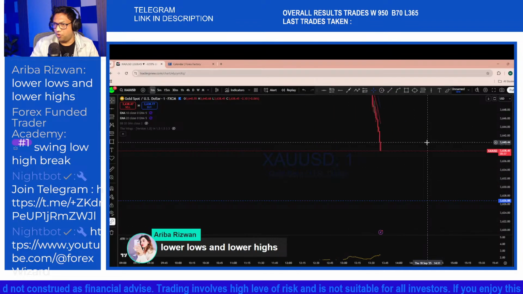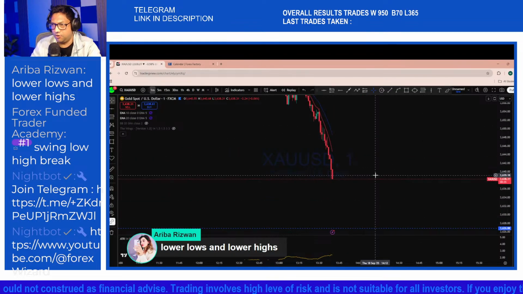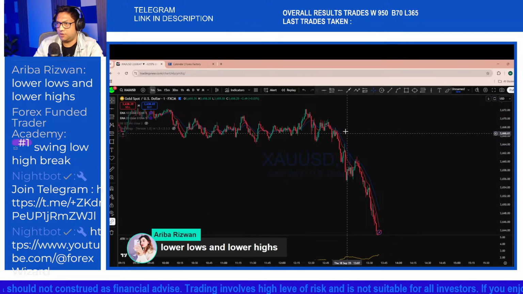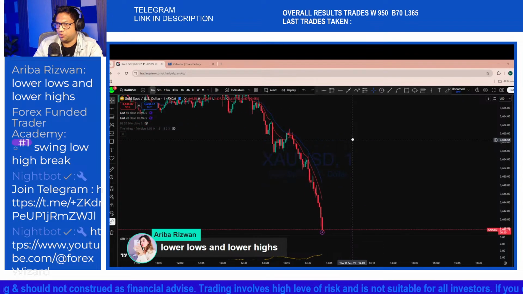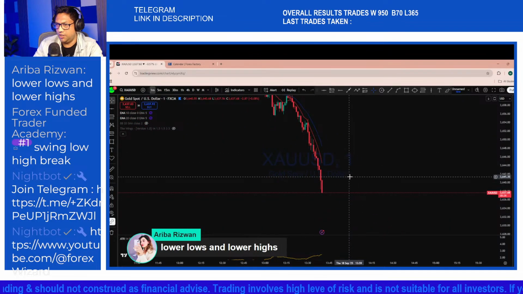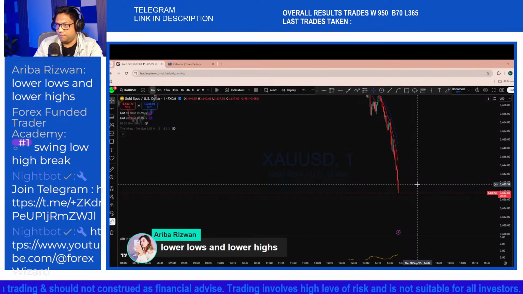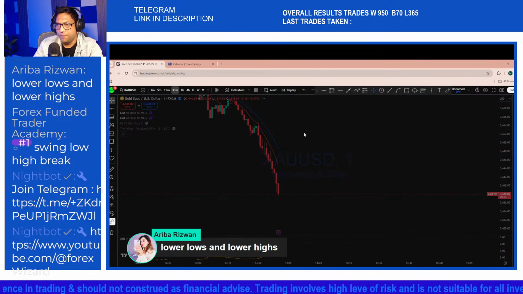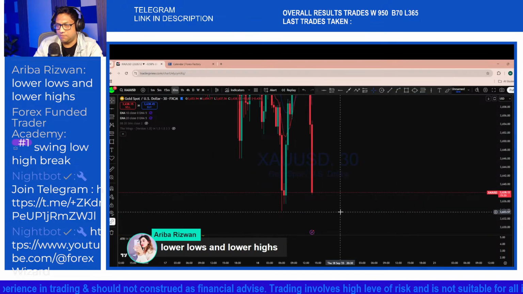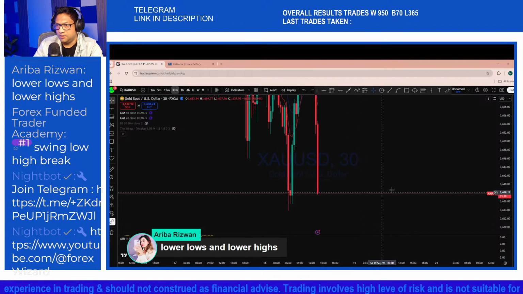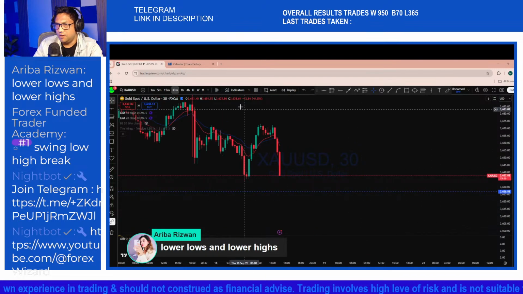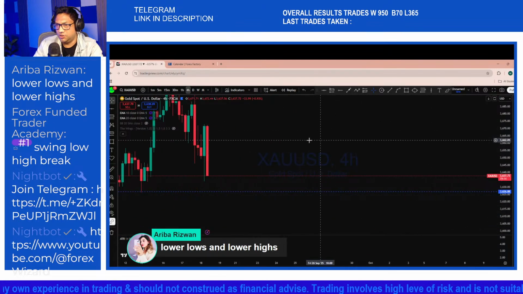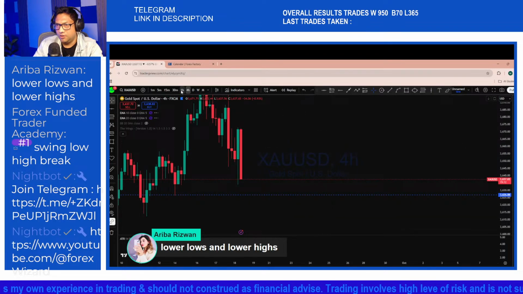Okay, it's a waterfall. That's a complete break of this trend, and it keeps pushing down without any pullback. And sometimes you'll find the market behaves that way because there's a big imbalance here that you can see, which is continuing in that direction.